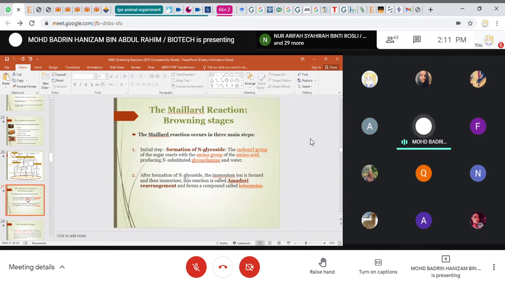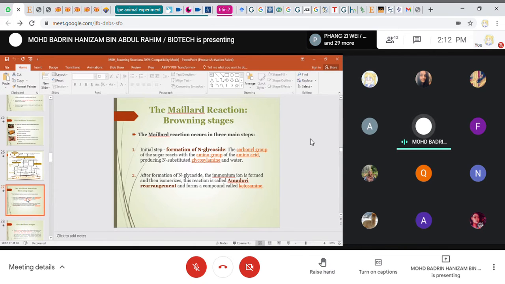All right, the Maillard reaction occurs in three main steps. The first, initial step is called the formation of N-glycoside. This is when the sugar reacts with the amino acid, for example glucose. When you have glucose in your food, for example in your meat, the amino group from the amino acids reacts with this glucose.